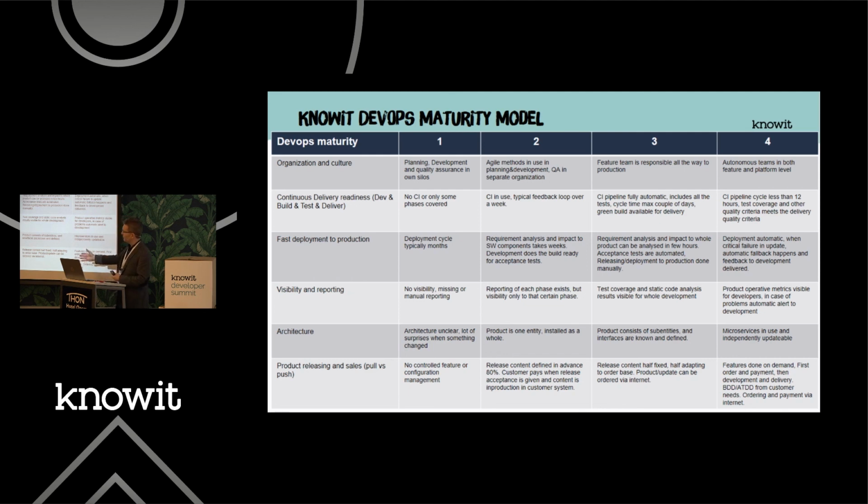And the last one is how you do product releasing. What kind of choices you actually do in getting things into customer. Essentially, are you pushing things into customer, or are you letting customers request what they actually need, in a way? We are understanding via feedback. So in the other end here, it says features are done on demand.